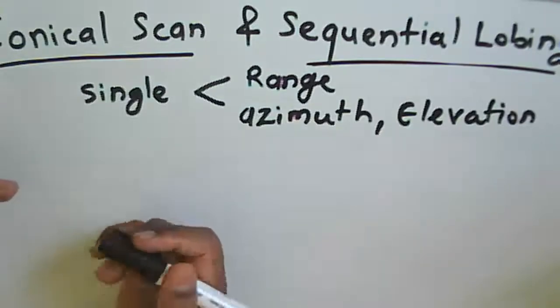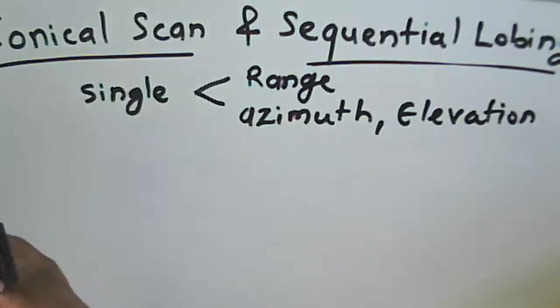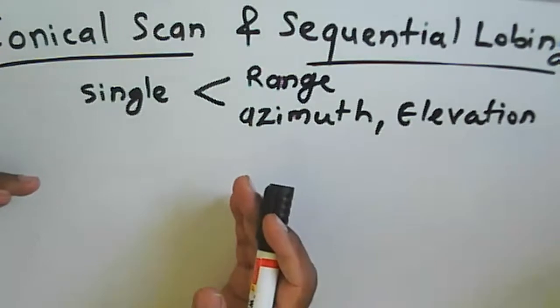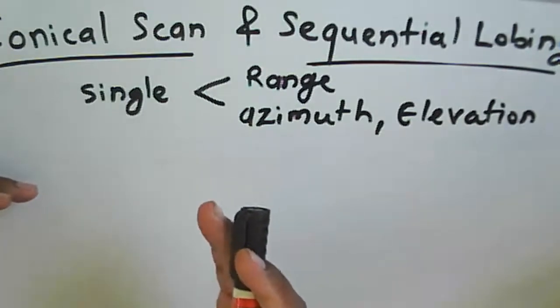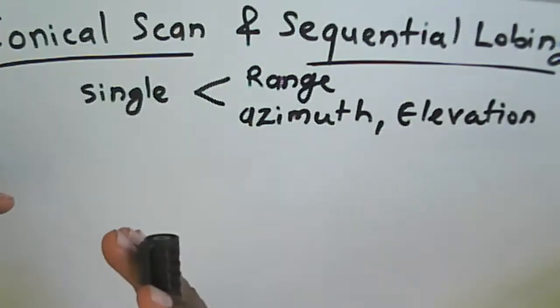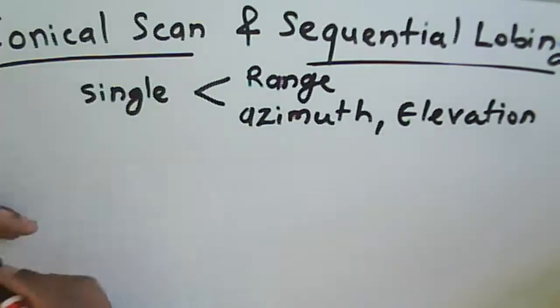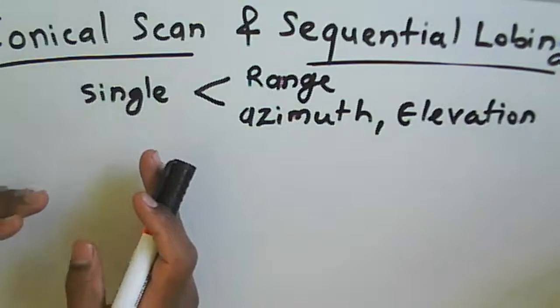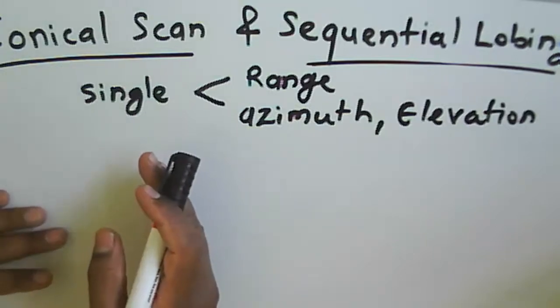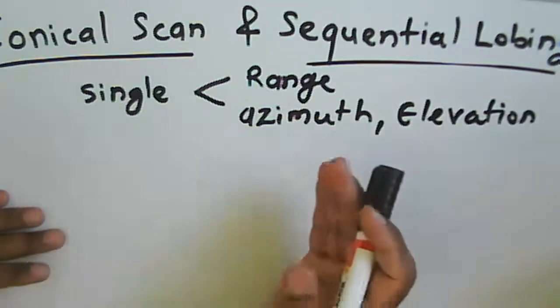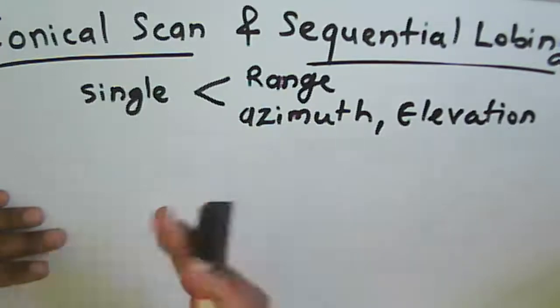But instead of that, suppose we send a pulse with different timing. At one particular instant we send a pulse and receive the echo. Then at the second instant we send a pulse and receive the echo.